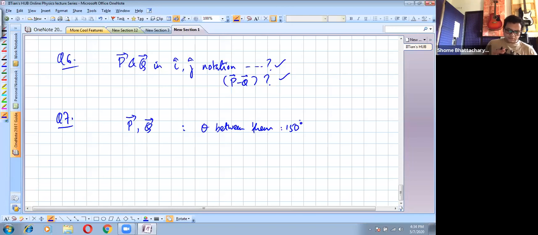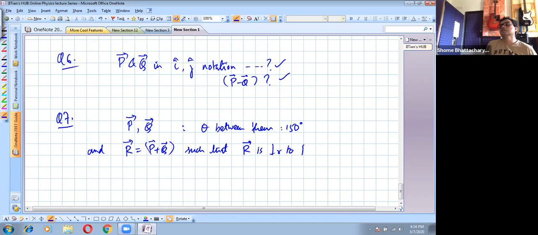And the resultant of these two vectors, P plus Q, is perpendicular to P. So from this we have to find these two.